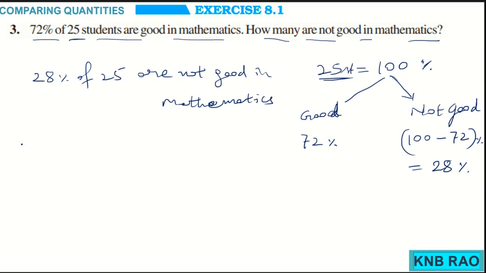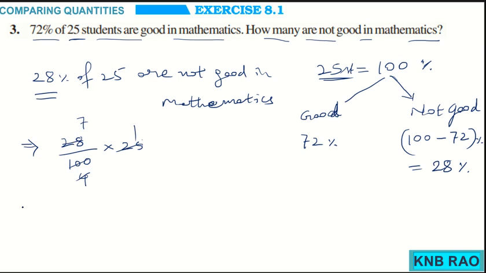If you want to find out percentage wise, I have already said 28 percentage. If you want to find out the number also, you can find. So 28 percentage symbol is nothing but upon 100, of operation nothing but into 25. So 25 ones are, 25 fours are, 4 sevens are.